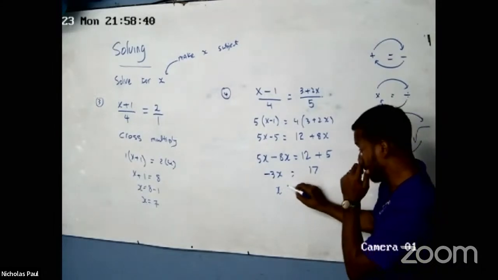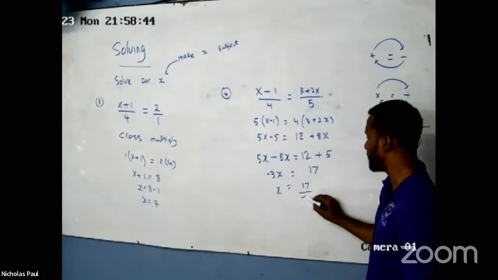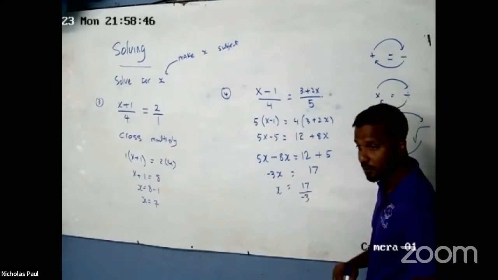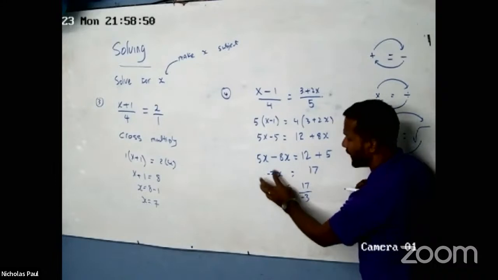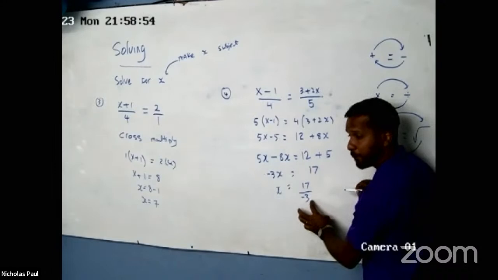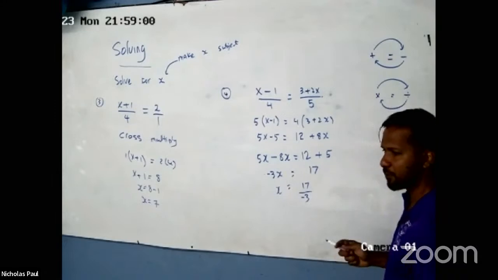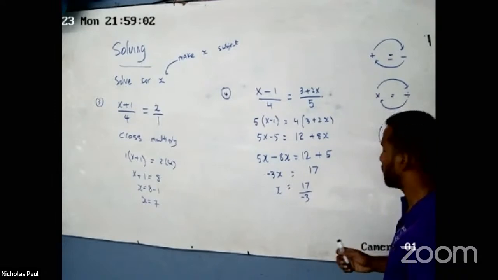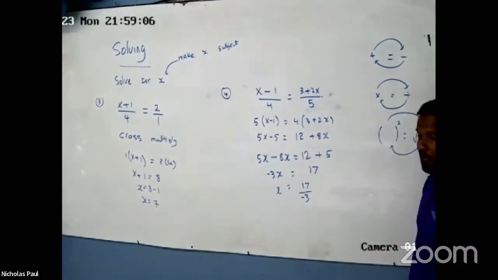This is multiplied, so you're carrying across the negative 3, and it becomes divide. This is not subtract, this is multiply, right? So when you take a multiplied 3 and move it across, it becomes a divide. So the answer is 17 over minus 3. So you can leave the answer like that.